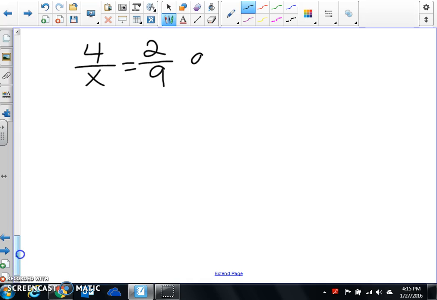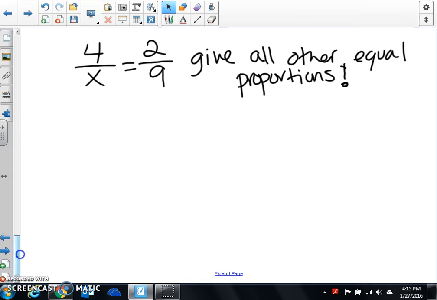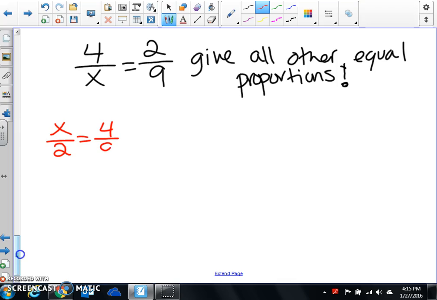And I say give all other equal proportions. Actually, let's just make it an exclamation mark because that isn't a question. You have to do the cross side. So I could give you a different couple. Let's just name a couple. Same numbers, just different ways of seeing it.